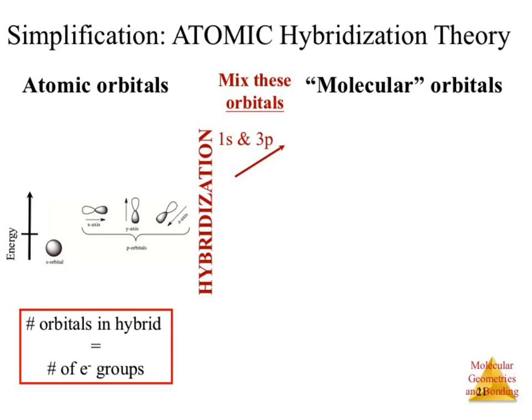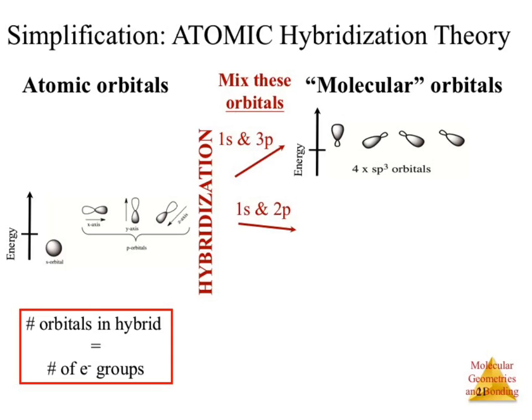How many atomic orbitals do I start with? An s and 3 p, which would be a total of 4. So what's my new hybrid orbital? I'll call it Bob. That's not scientific enough. So I name it after the orbitals used to make that hybrid. The s and 3 p, not just 1. So I call it sp3.